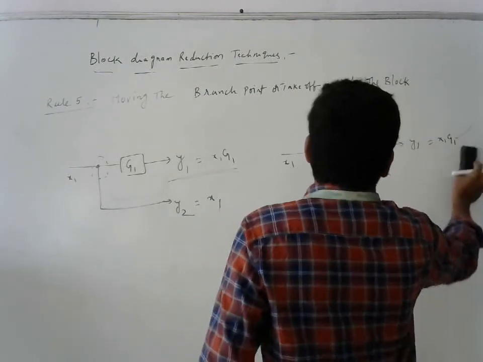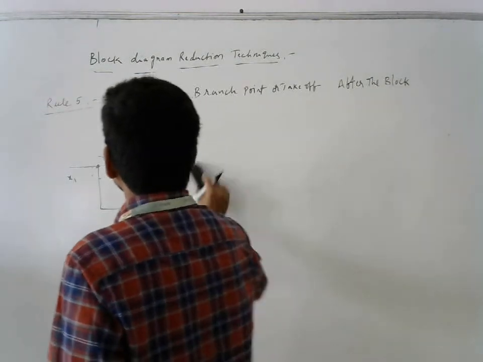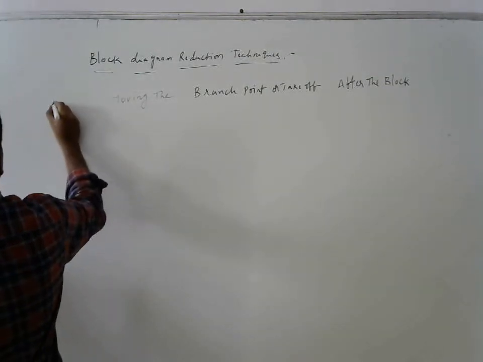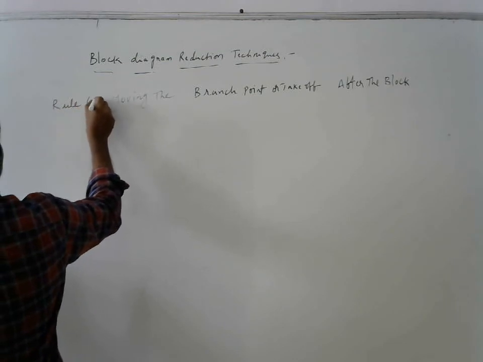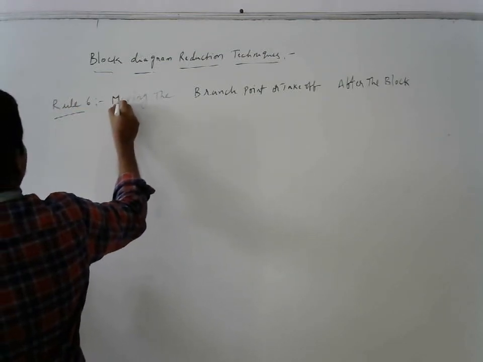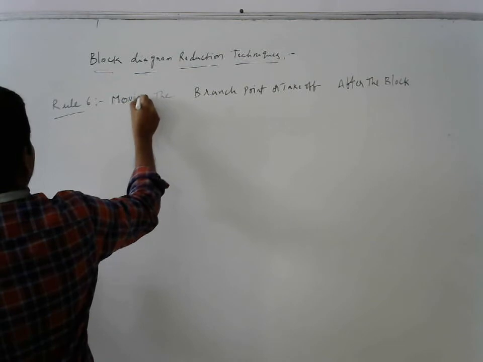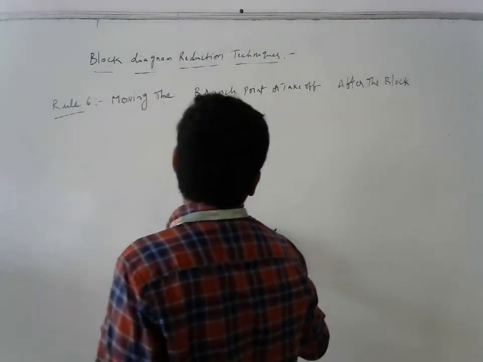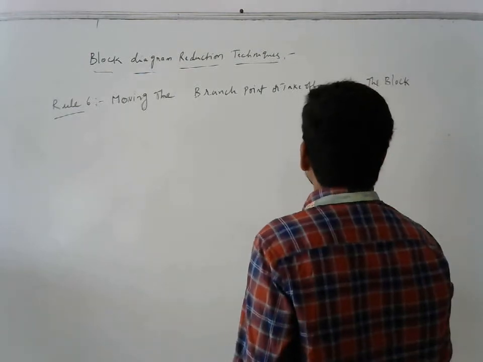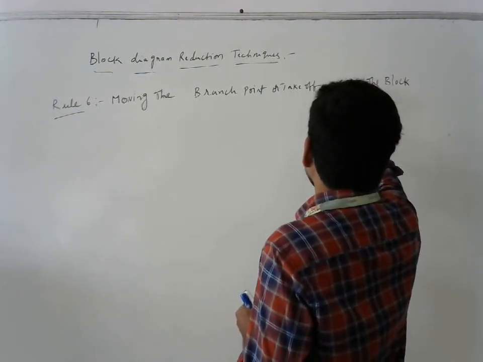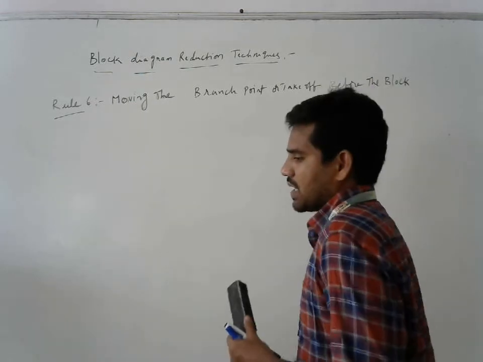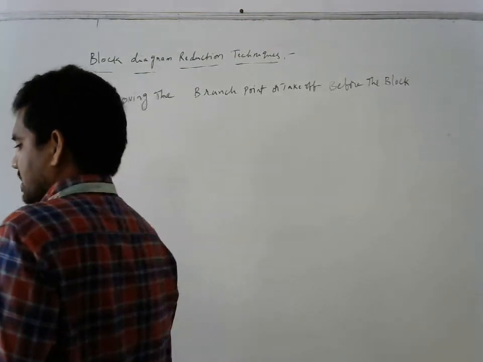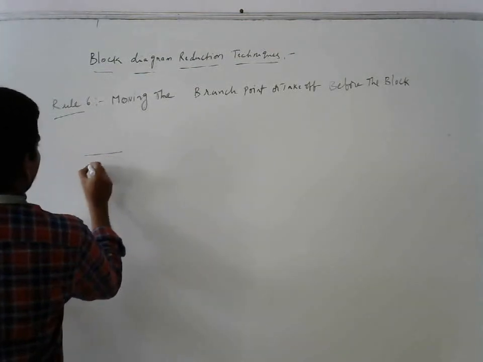Next, rule number 6: moving the branch point or takeoff point before the block. Before the block means where we have x1 in this diagram.